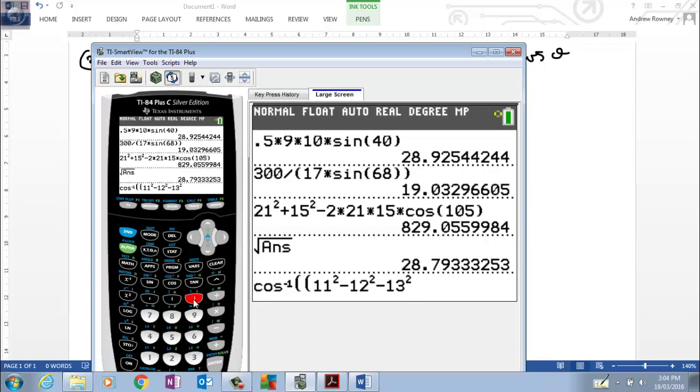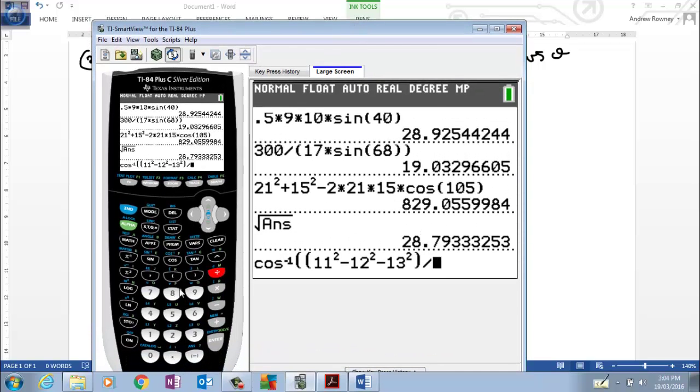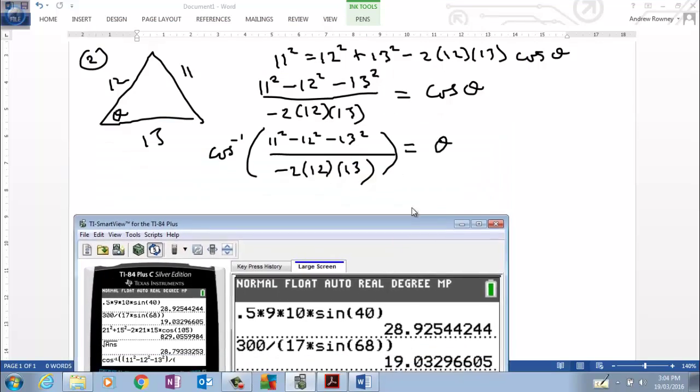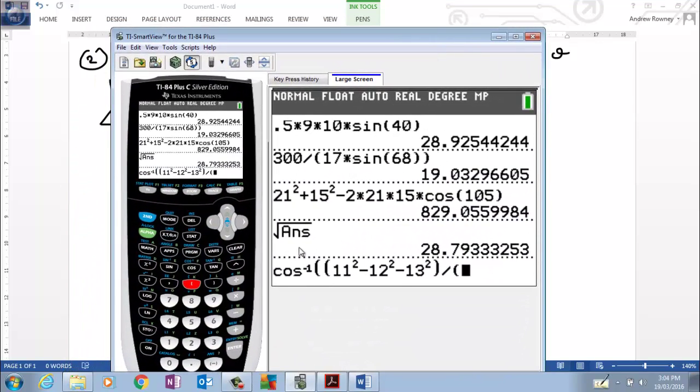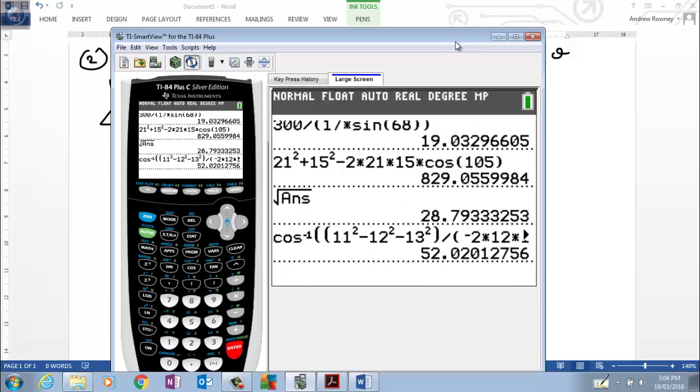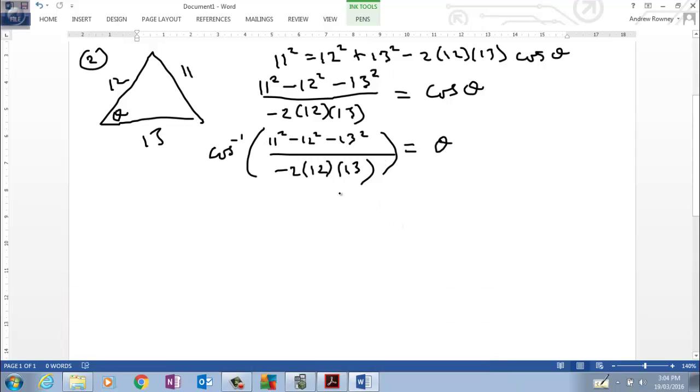Now close that bracket because that's the whole numerator, and now we're going to divide by the denominator. So we start with the left bracket, and now we put in minus 2 times 12 times 13. Close that denominator off, then put another bracket in because that closes the whole bracket for the shift cos. Now press enter, and so it's 52 degrees. So all of this is 52 degrees.